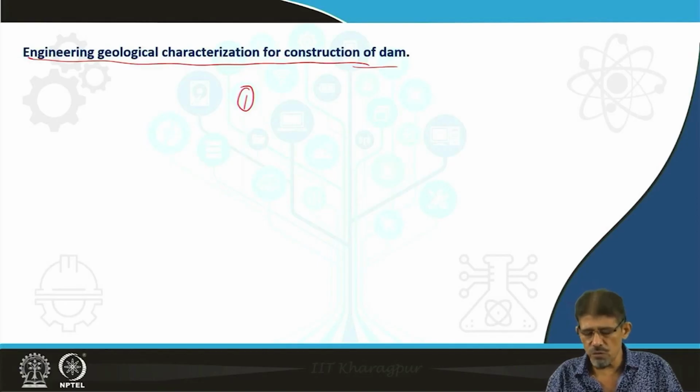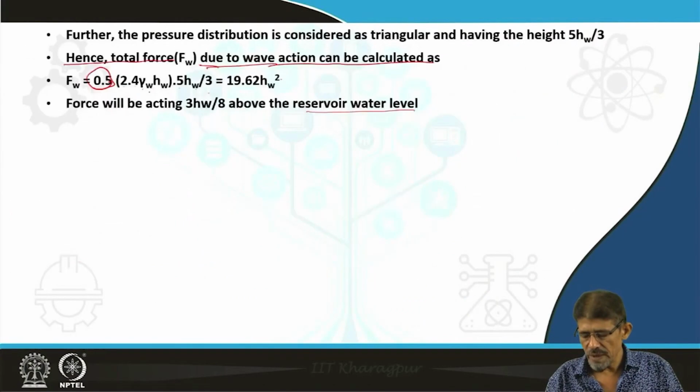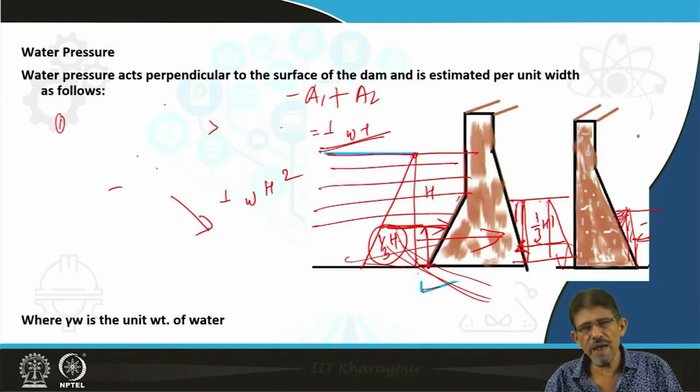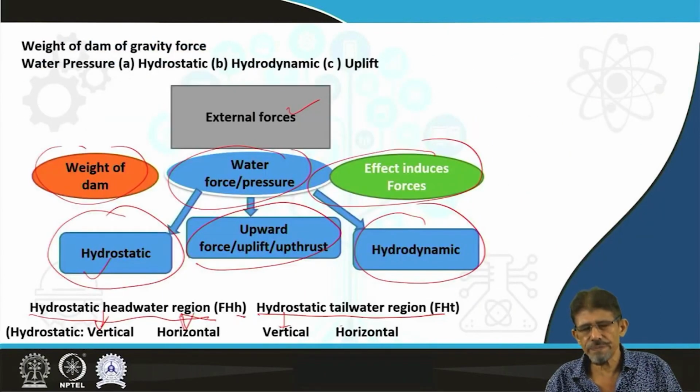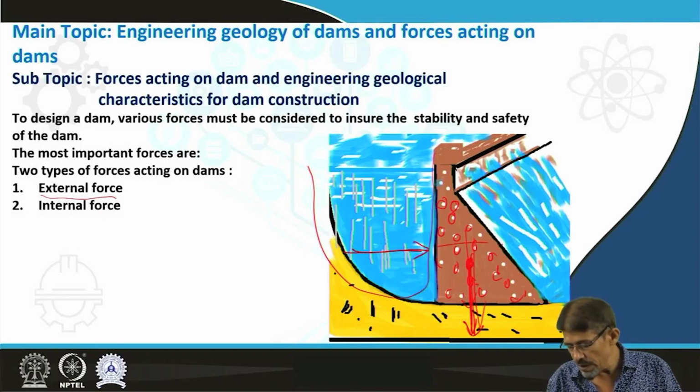If we look at the different forces acting on the dam that affect the stability, then we consider the weight of the structure, which is going to support. The horizontal force moving toward the downstream side is going to disturb, while the horizontal force in the tailwater region is going to support.